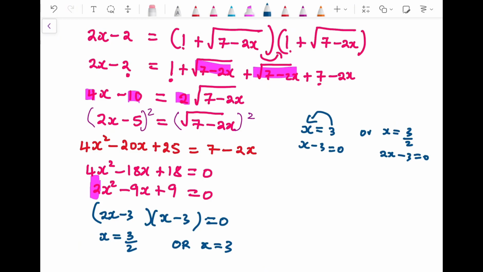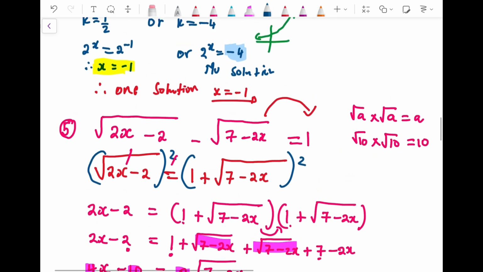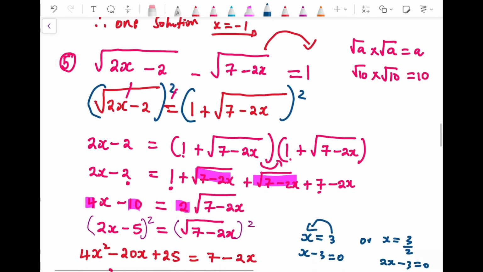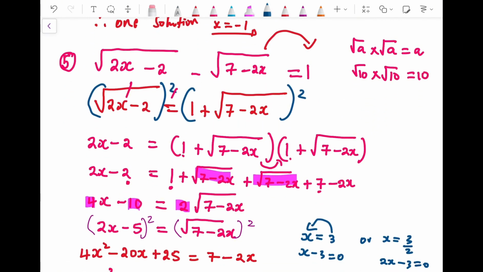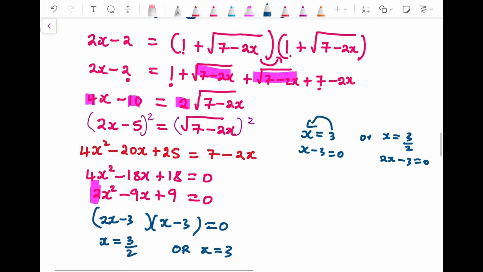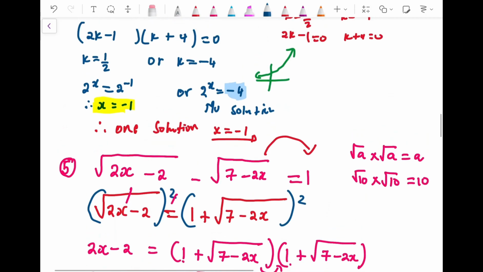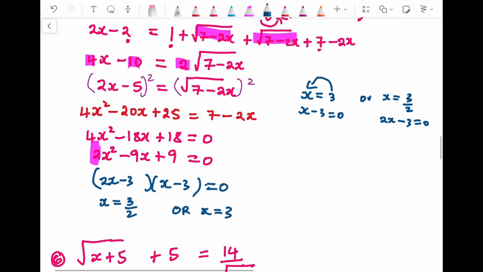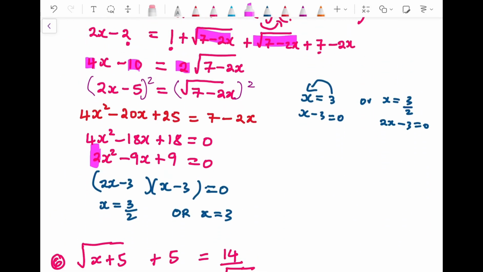So we need to check. We are going to substitute these in the original equation. And then if we check here, you will realize that if you put this 3/2, left hand side is not equal to right hand side.